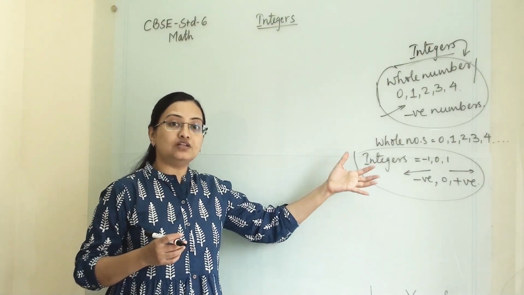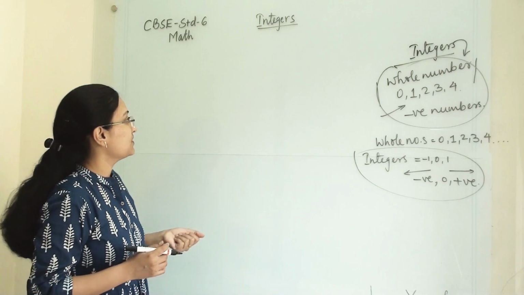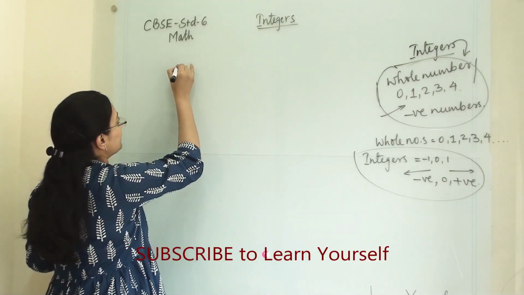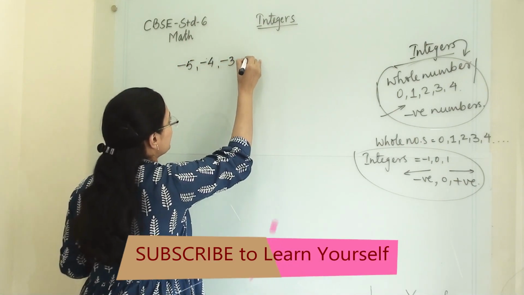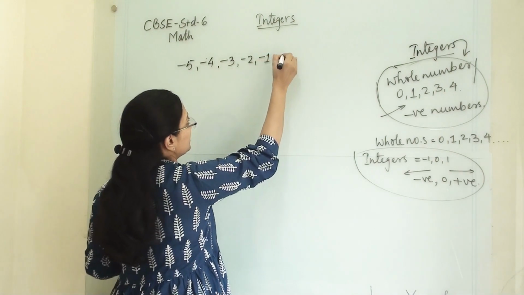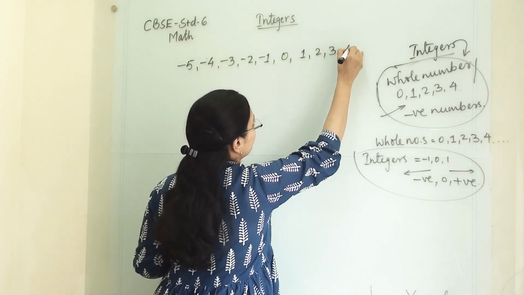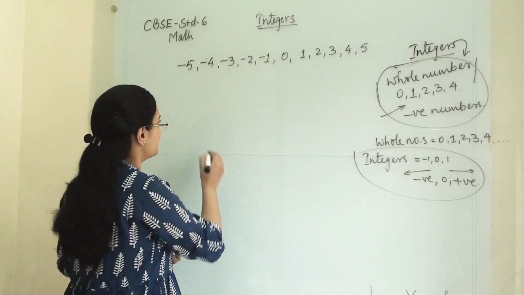Before we study all the properties, let us revise our knowledge about integers. When we are talking about integers, we know that -5, -4, -3, -2, -1, similarly 0, 1, 2, 3, 4 and 5, all these numbers come under integers.